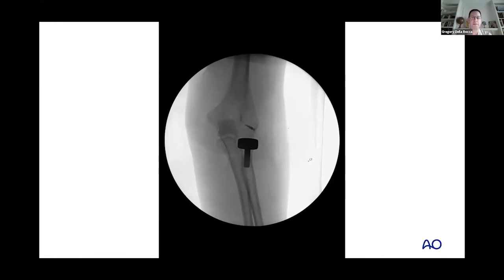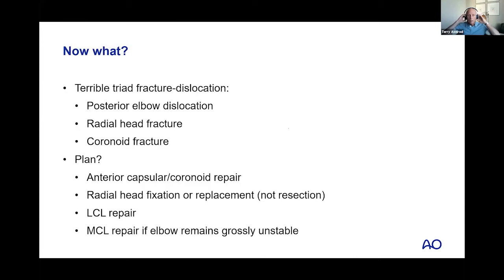And so this is Greg, sorry. I'm just going to bring up one point there. When you talk about fixing the radial head, one of the problems is if it's a radial head and neck combo, it's really difficult to get that angle correct, the normal perpendicular axis of the proximal radial shaft to the head.